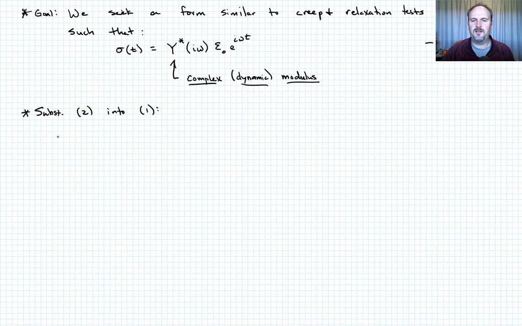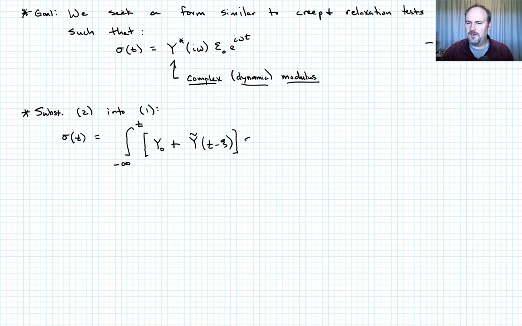Okay, and then we can write via the hereditary integral, sigma as a function of t is equal to this integral term, negative infinity to t of Y naught plus Y tilde, and now instead of t, it's going to be t minus xi, since that's how we're evaluating this integrand, right, times epsilon dot d xi. Okay? So that's pretty straightforward.